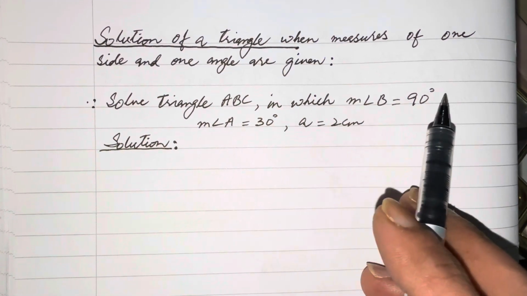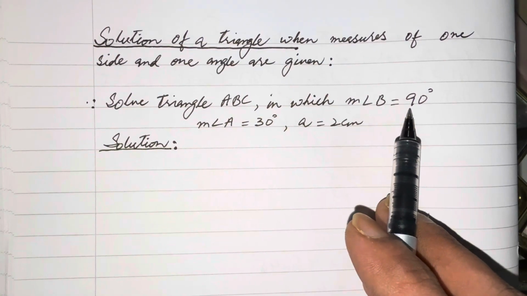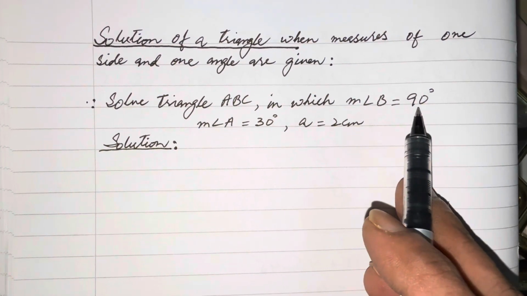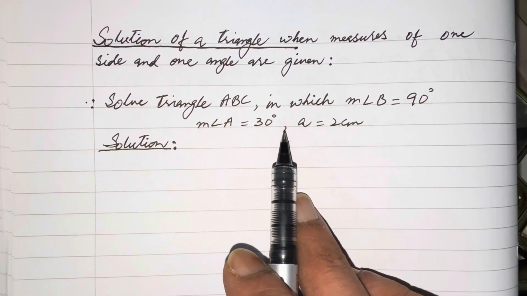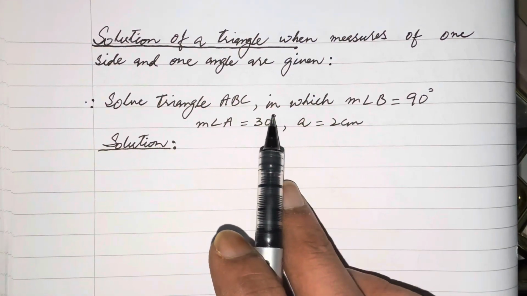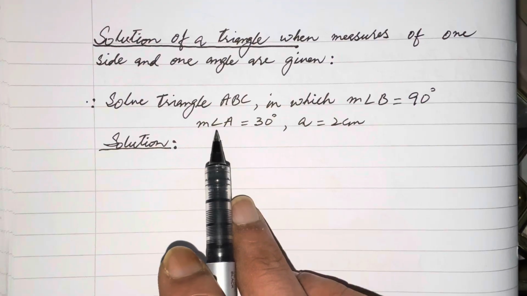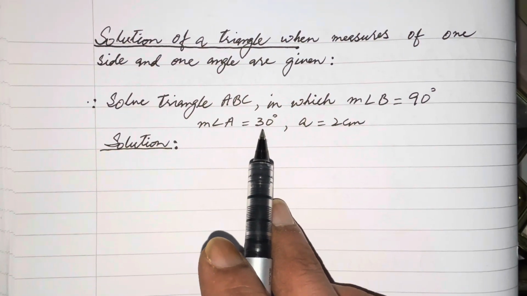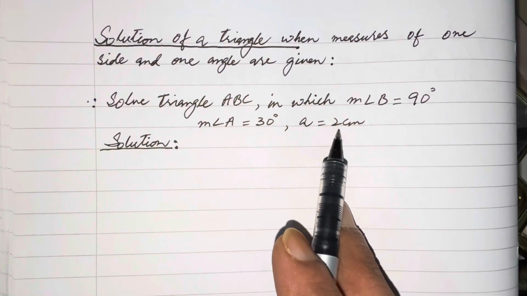As we know, all right angle triangles have one angle equal to 90 degrees. And the other elements given are: measure of angle A is equal to 30 degrees and side a is equal to 2 centimeters.